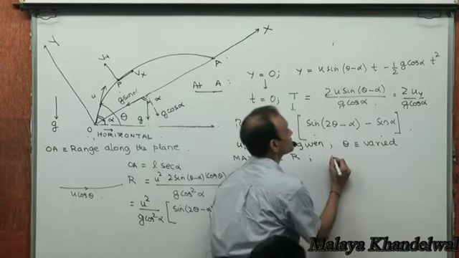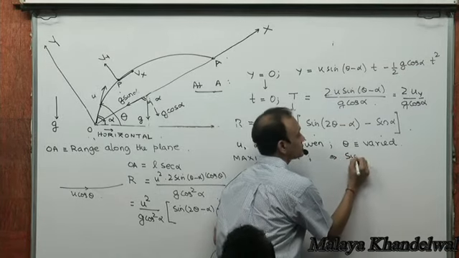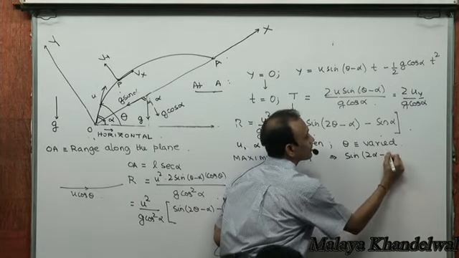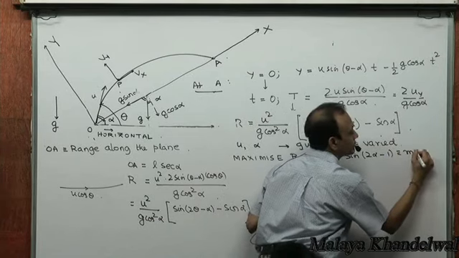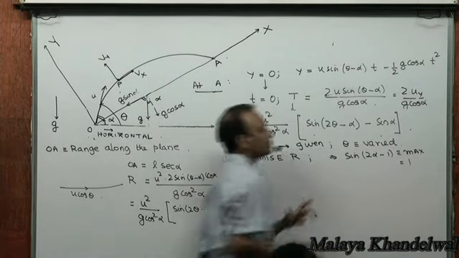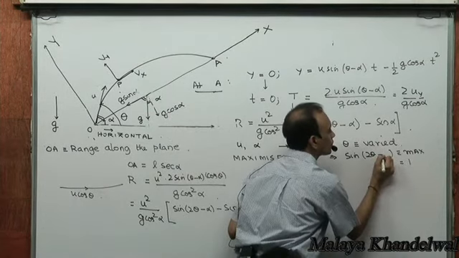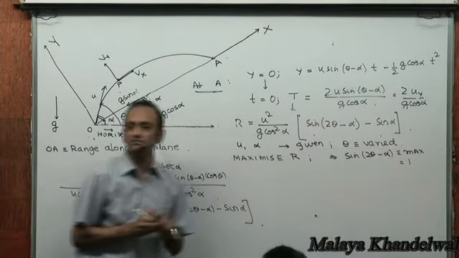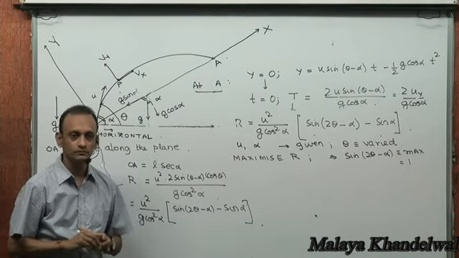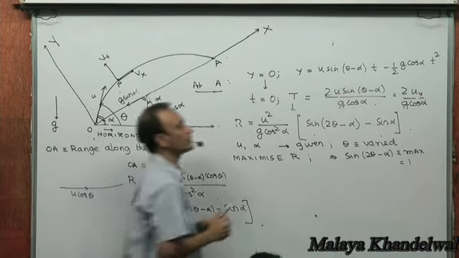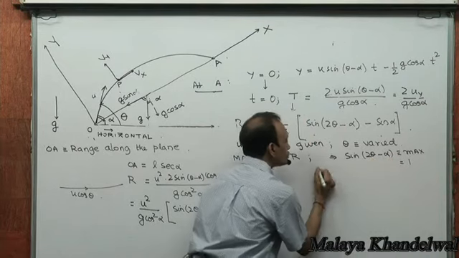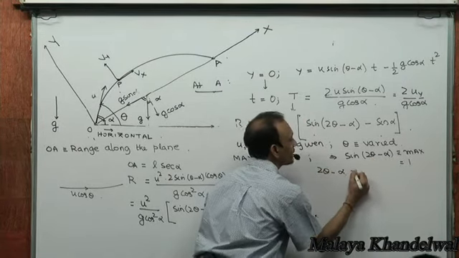That means sine 2 theta minus alpha should be a maximum and equal to 1. That means 2 theta minus alpha must be 90 degrees.